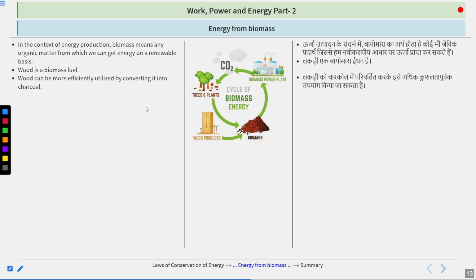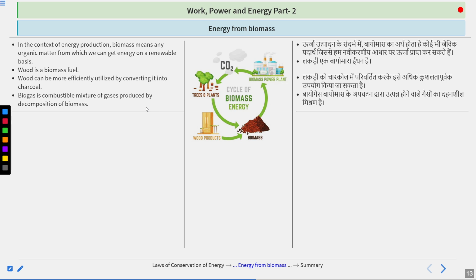Wood can be utilized more efficiently by converting it into charcoal after burning. And biogas is a combustible mixture of gases produced by decomposition of biomass. Suppose you have converted wood into charcoal, which becomes biomass. When you burn it, you are decomposing that biomass, and it gives you a combustible mixture of gases, commonly known as biogas.